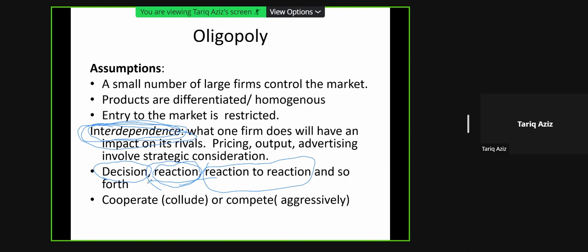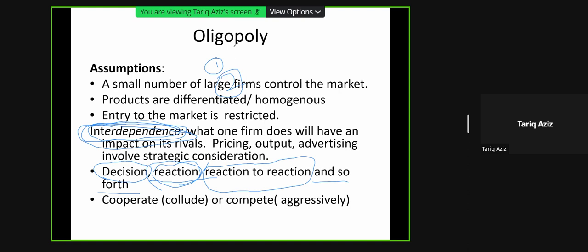And this chain of action and reaction to reaction and reaction to reaction to reaction will continue. If this keeps happening, then there are only two possibilities, possibility 1 and possibility 2.